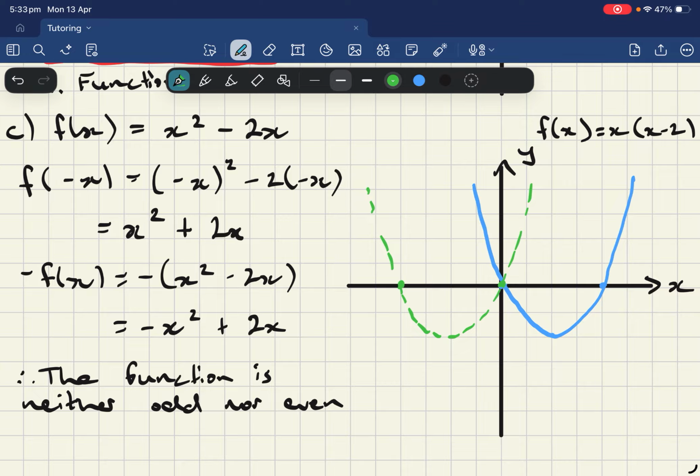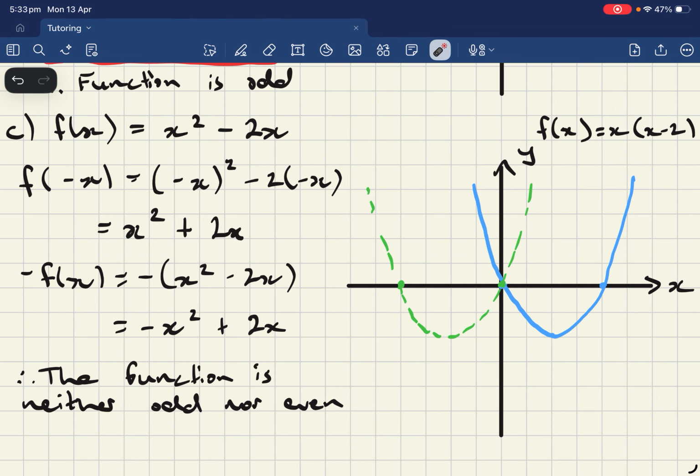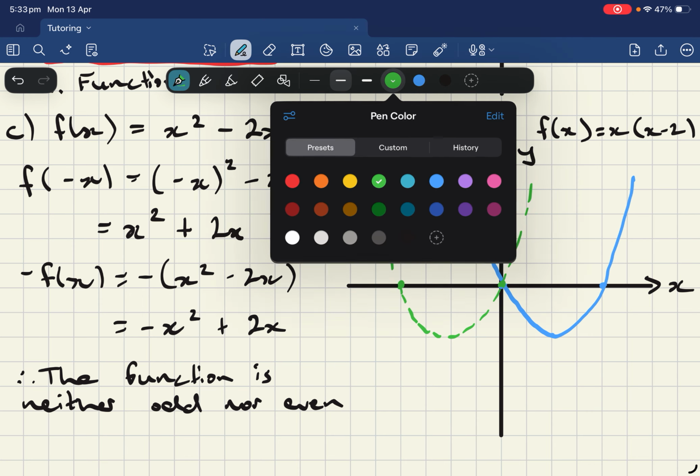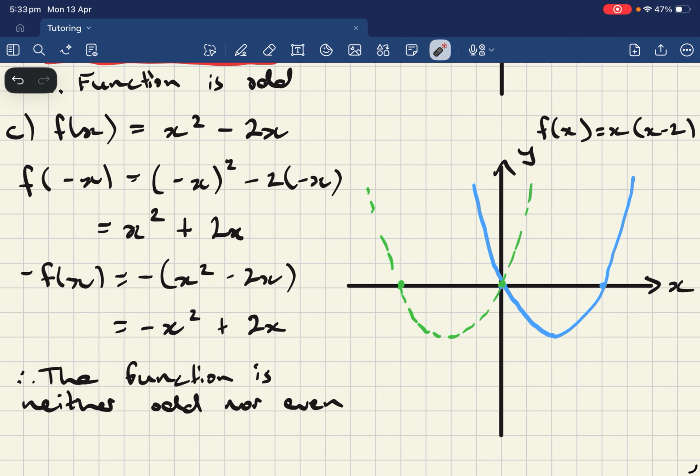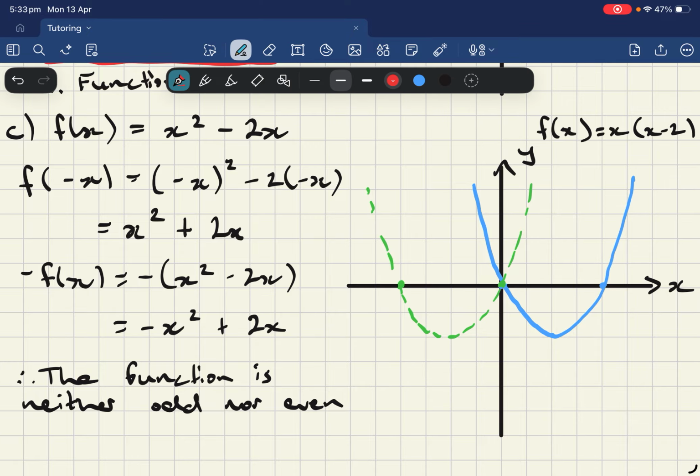So we can pretty clearly see that even symmetry we're talking about, this thing is definitely not the same as this thing. And if we reflected it about the x-axis, then we would get something that looks kind of like this.